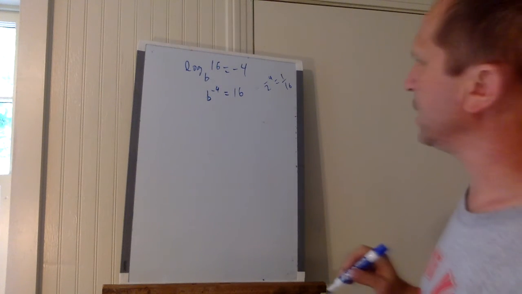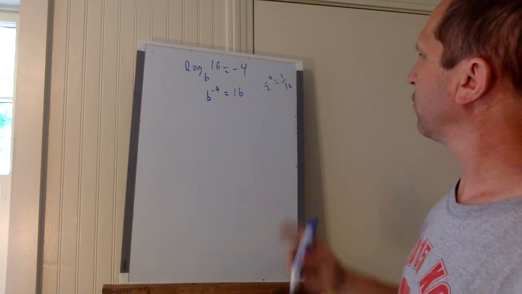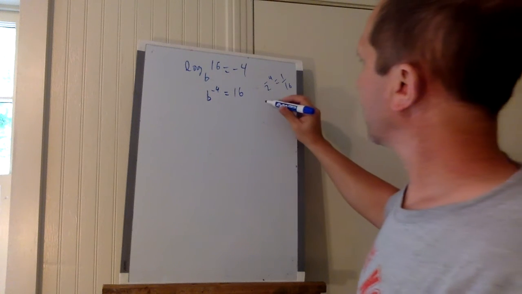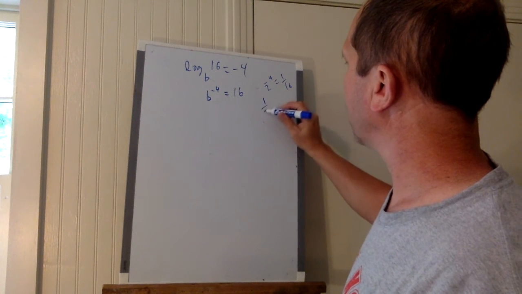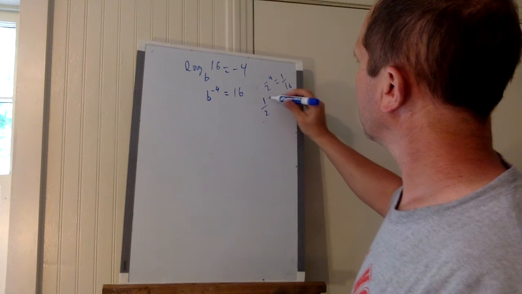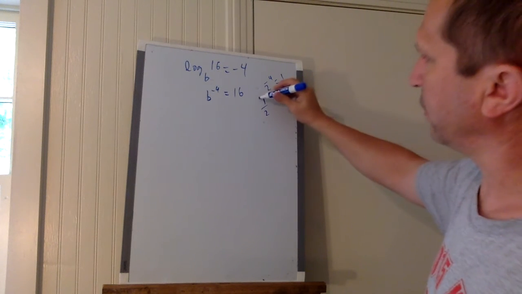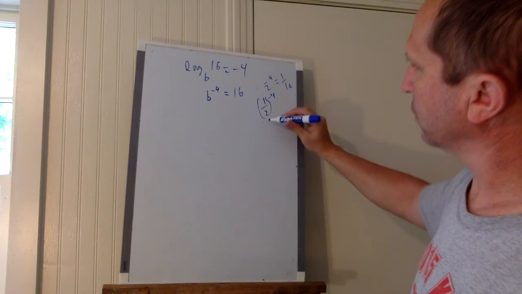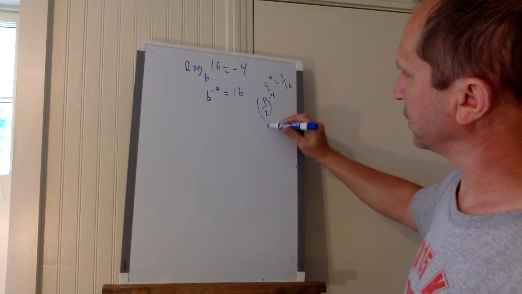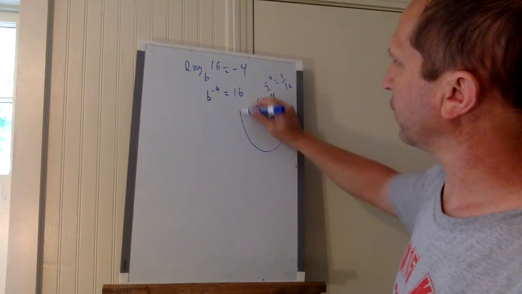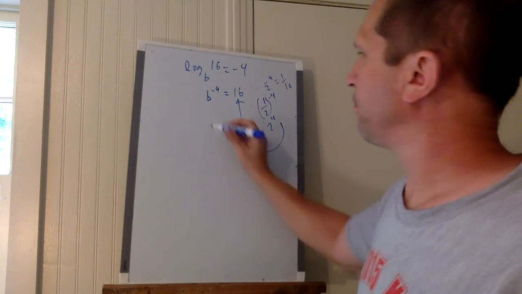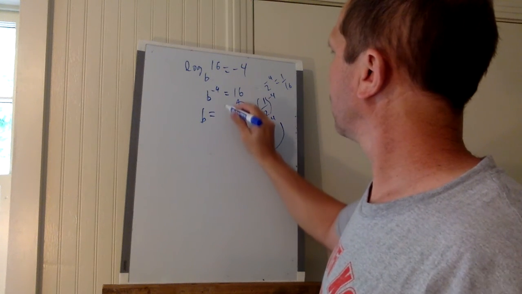But I need 16 over 1. So then I can think, well, let's make this 1/2 to the negative 4th. Let's see what happens if we do this arithmetic. That's the same thing as 2 to the positive 4th, and there we have it. So b equals 1/2.